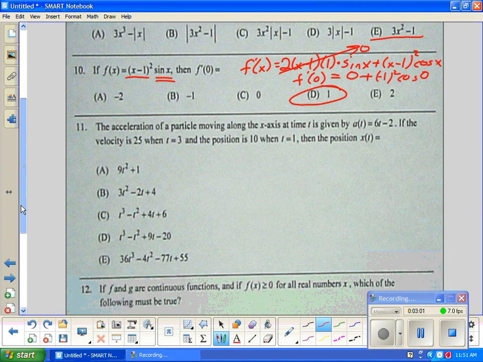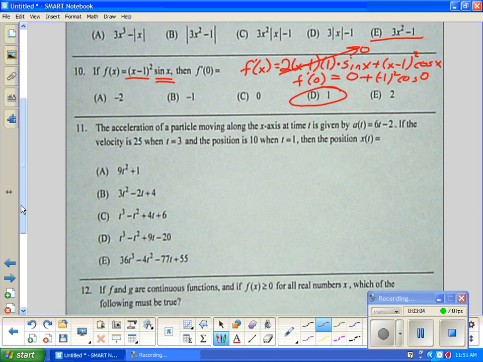11. The acceleration of a particle moving along the x-axis at time t is given by a of t equals 6t minus 2. The velocity is 25 when t is 3, and the position is 10 when t is 1. Then you want the function. We know that the derivative of position is velocity, derivative of velocity is acceleration.